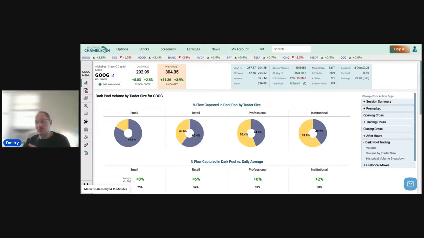The specialists and market makers would be able to access it, but they had strict requirements to provide liquidity. They couldn't front run orders. You couldn't just say, here's a big order, I'm going to run the book up. You weren't allowed to do that. That would be illegal.